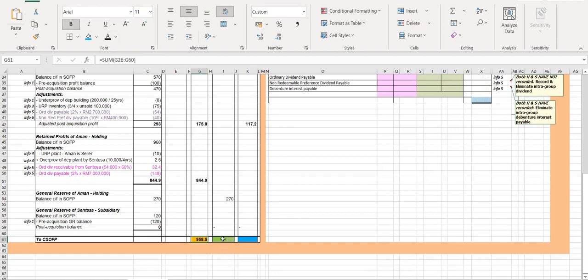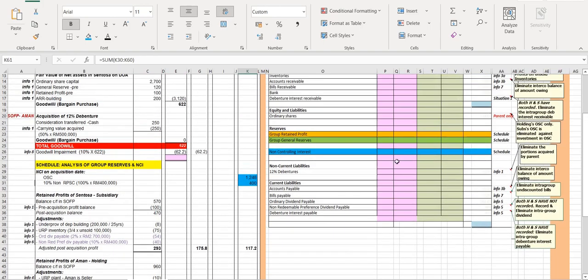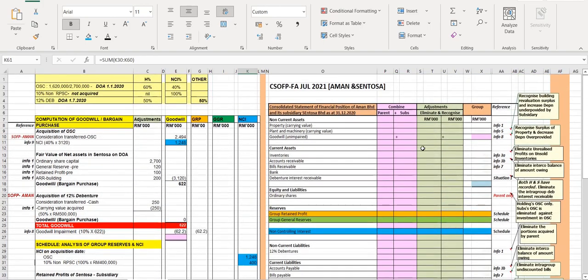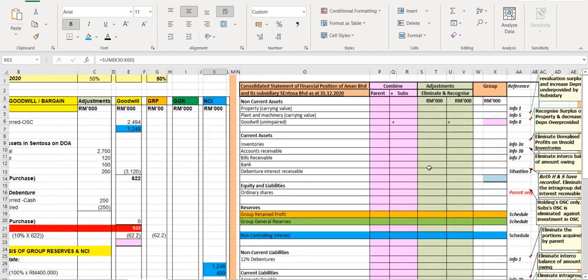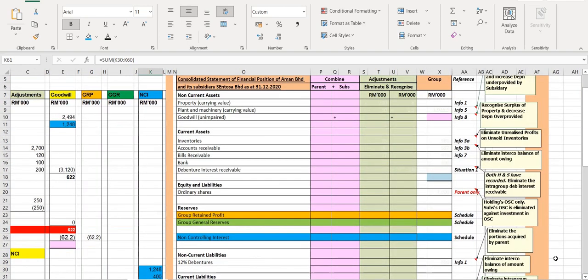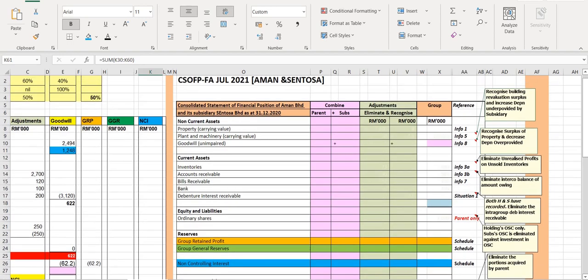Done with that? You can now total up. This is the first total: the total for group retained profit, the total for group general reserve, and this is the total for the non-controlling interest. Now let's look at the preparation of the consolidated statement of financial position in this part here.